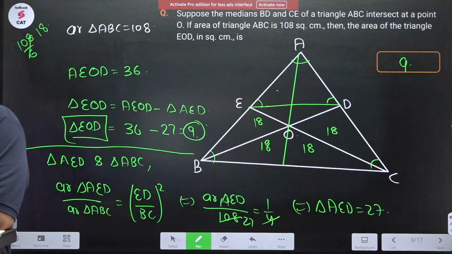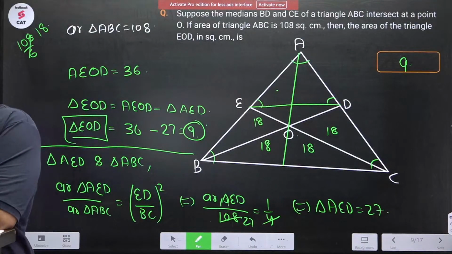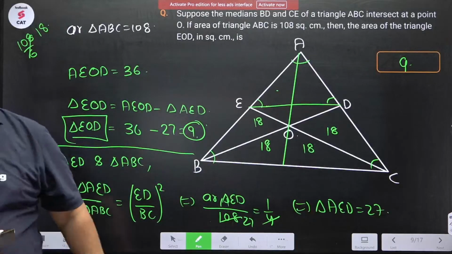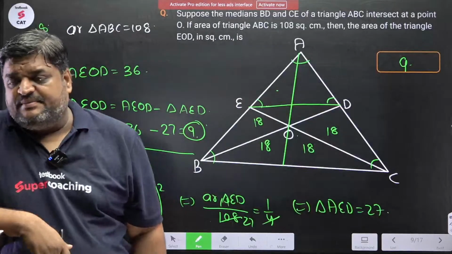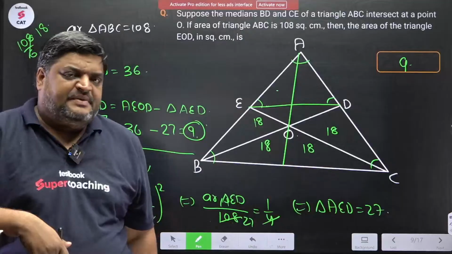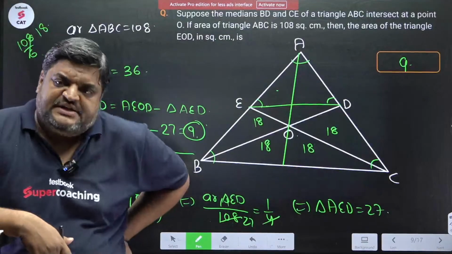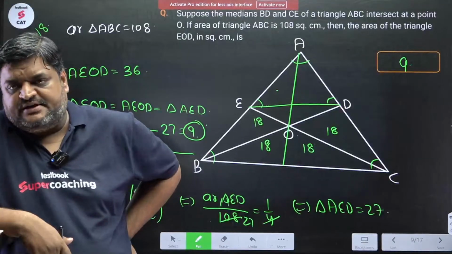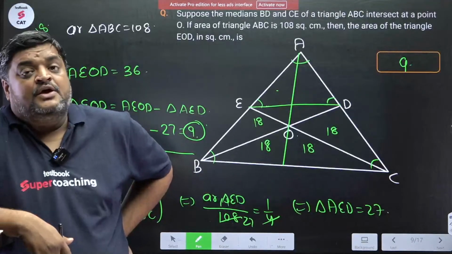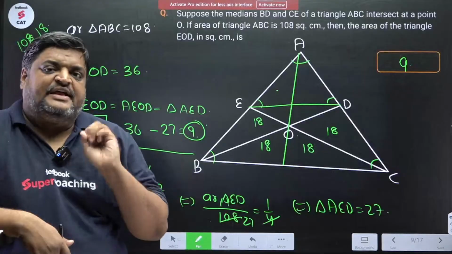Right. So guys, what we did today were the PYQs, the latest PYQs of 2022 and 2023. In Triangles 1 we talked about the basic properties of triangle. In Triangles 2 we talked about the basic proportionality theorem, midpoint theorem, angle bisector theorem. In Triangles 3 we talked about the geometric centers of triangle.